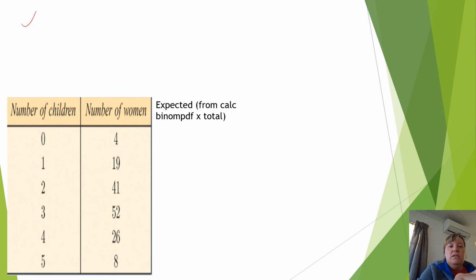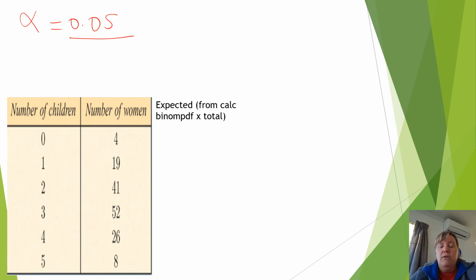So we know that the significance level is 0.05. Again, we're looking if the p-value is less than 0.05, or the calculated value is greater than the critical value, if you're given that, and you may not be, then we can reject the null hypothesis. So let's have a look at this.